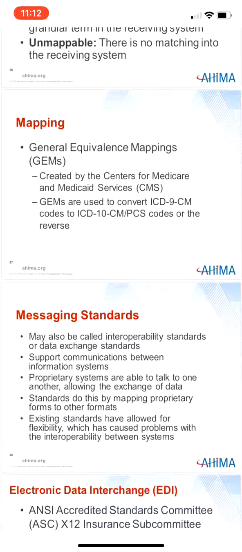Because the two systems are not identical, the user would have to decide which code to select. Example: in ICD-9-CM, obstetrical codes record whether the condition was antepartum, postpartum, and so forth. But in ICD-10-CM, obstetrical codes record trimester rather than antepartum and so forth. Because of this difference, there is no exact match.